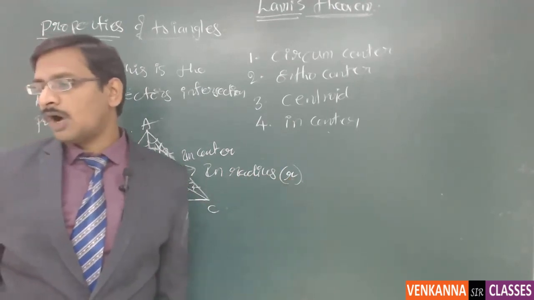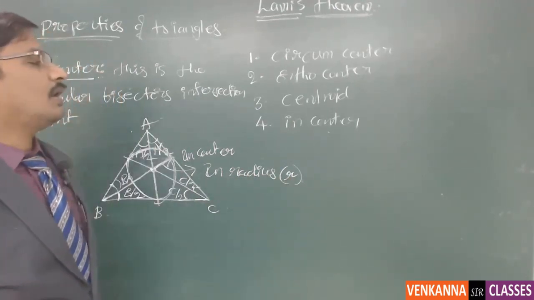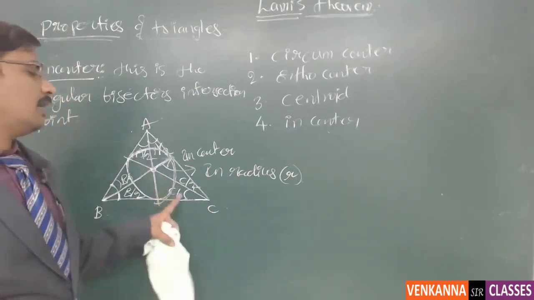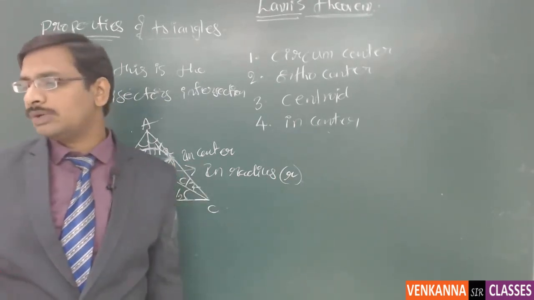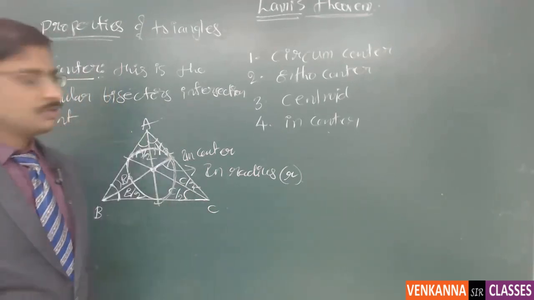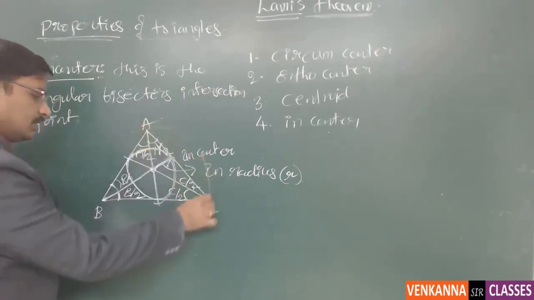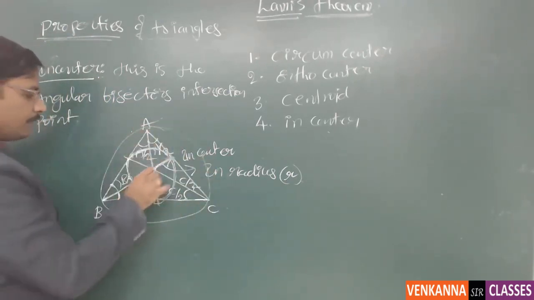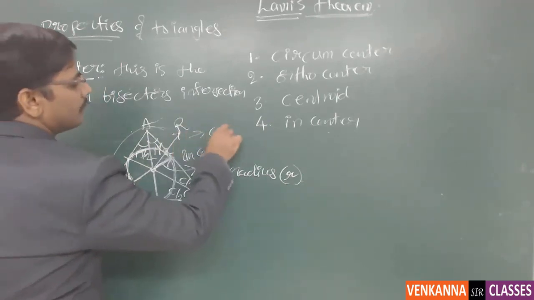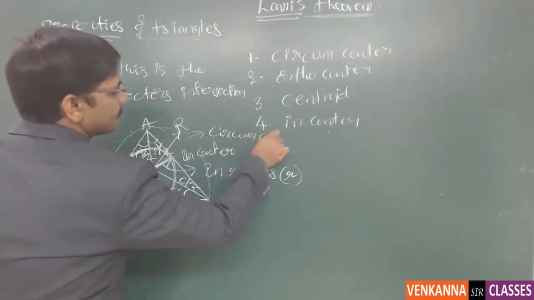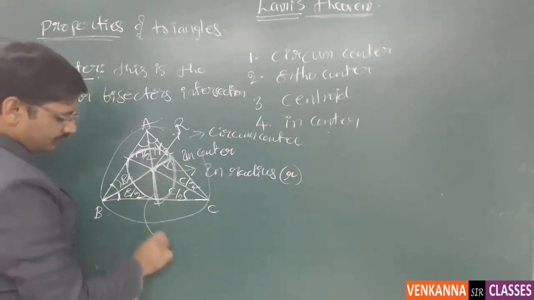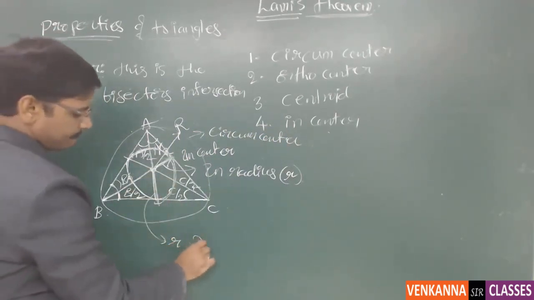But in case of the orthocenter and the centroid, you cannot draw a circle. Got it? So incenter and circumcenter are the only two centers where you are drawing a circle on top of it. So if you draw it, this is capital R and this is the circumcenter. And this is small r and this small r is nothing but the incenter.